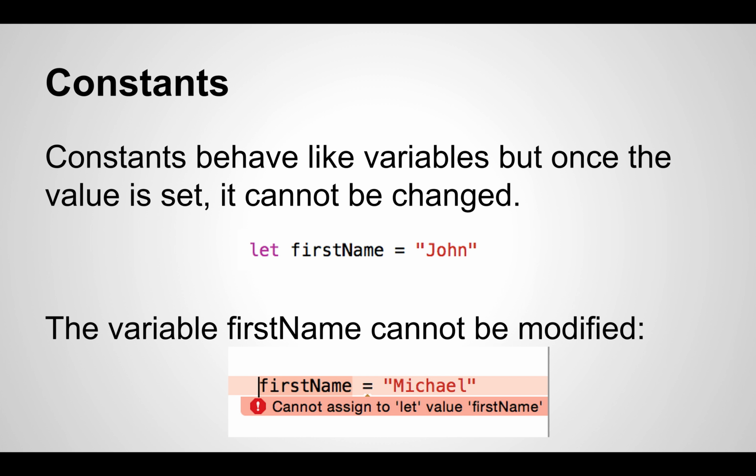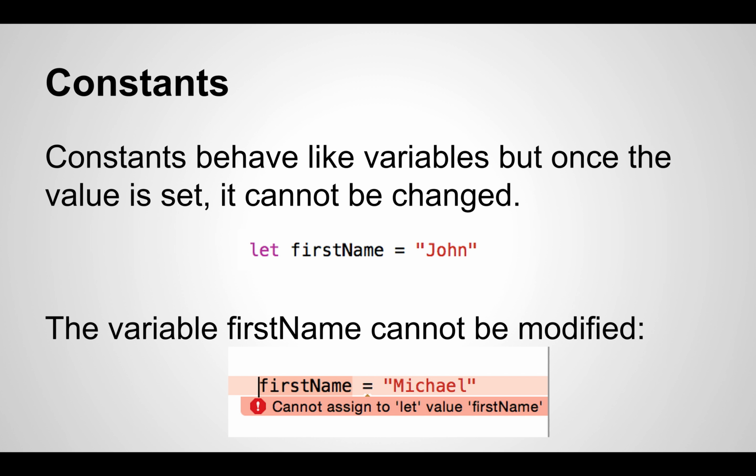Now instead of variables, there's also something else called a constant. So a constant is very much similar to a variable, but like its name infers, constant means that once the value is set, it cannot be changed. Okay, so let firstName is equal to "John". As you can see, the keyword here is let. So whenever you want a constant, you put the word let instead of var.